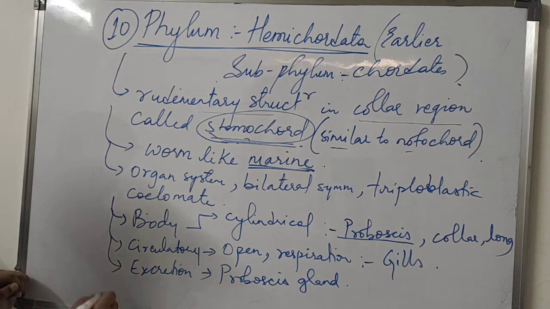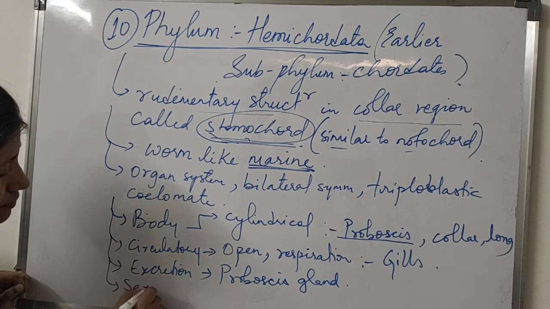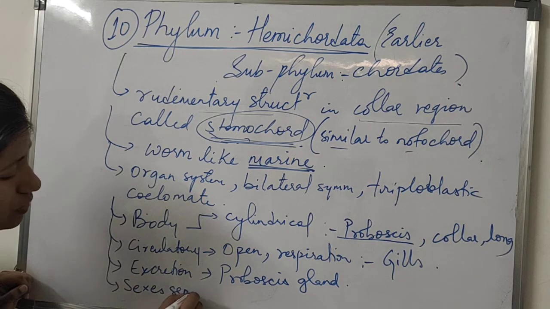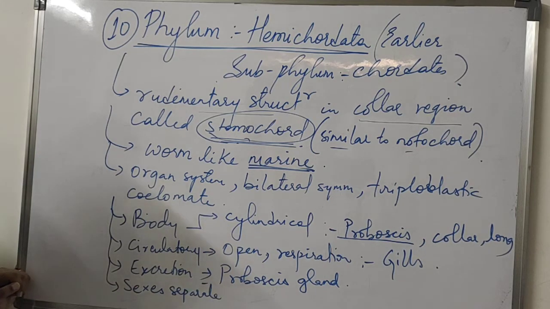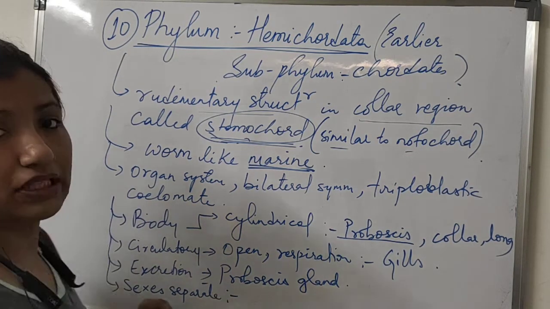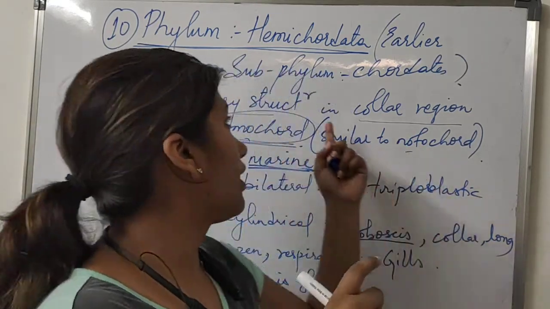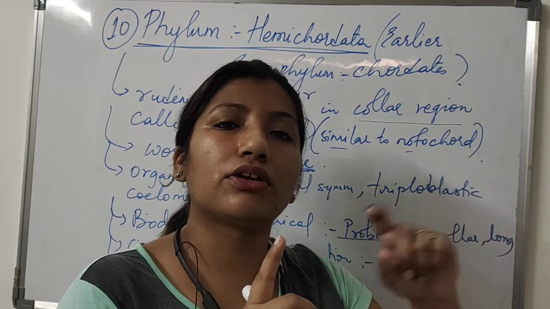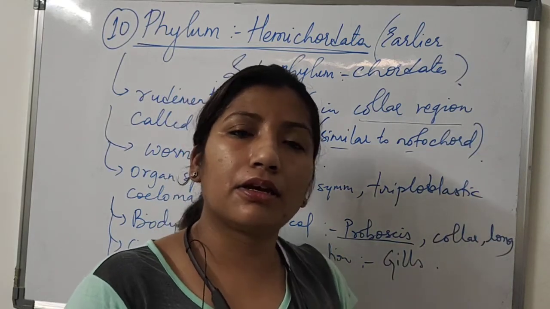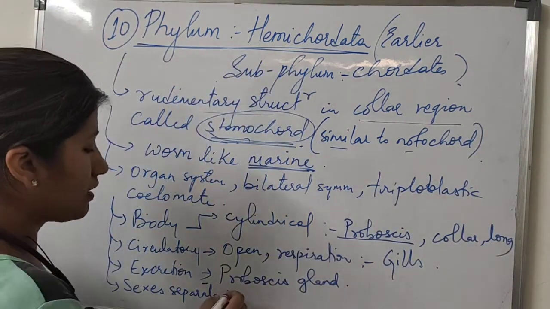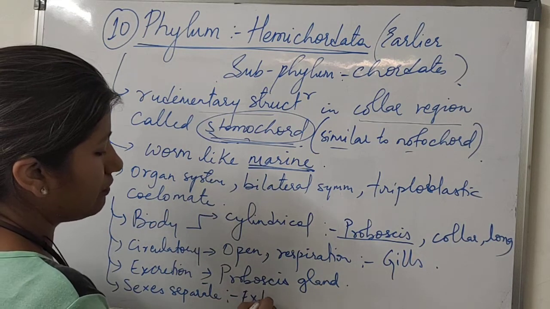Sexes are separate, that means they are unisexual animals. So Hemichordata mates with other Hemichordata, and then they produce the young one. The fertilization is external, like fish and frog.